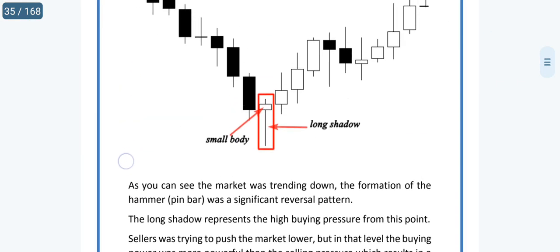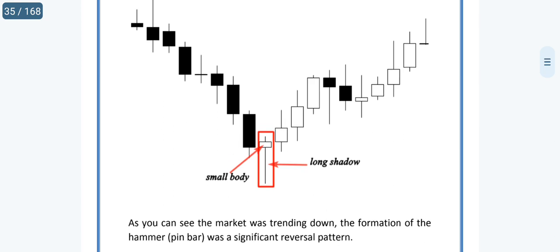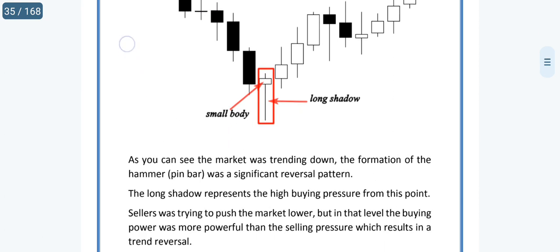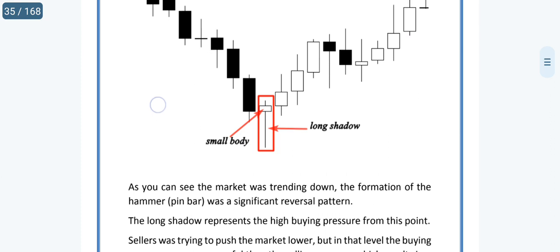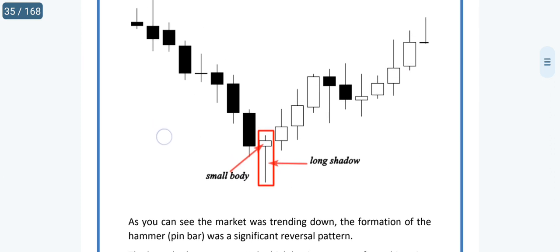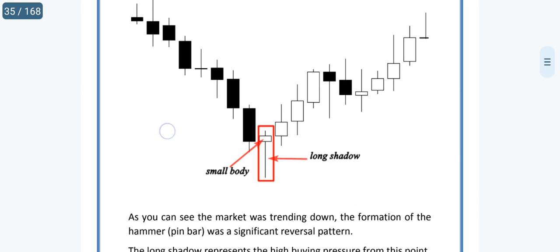As you can see, the market was trending down. The formation of the hammer bar was a significant reversal pattern. I repeat, the formation of a hammer or a penny bar was a significant reversal pattern.